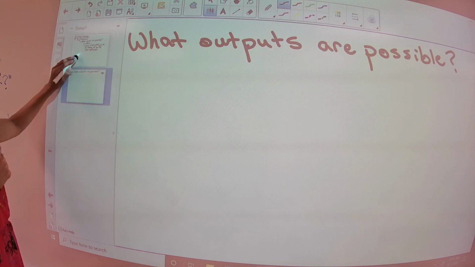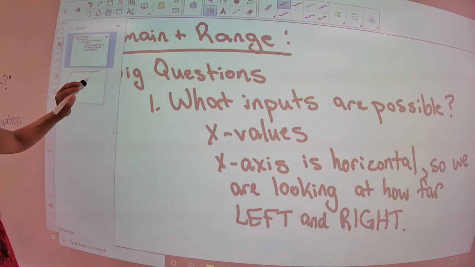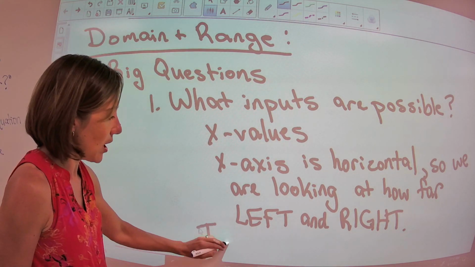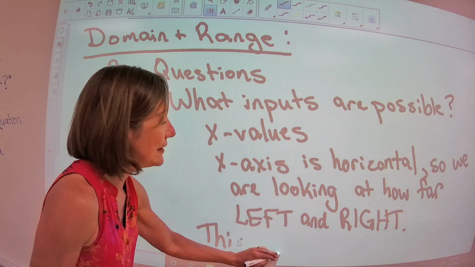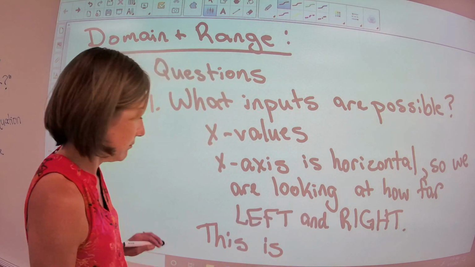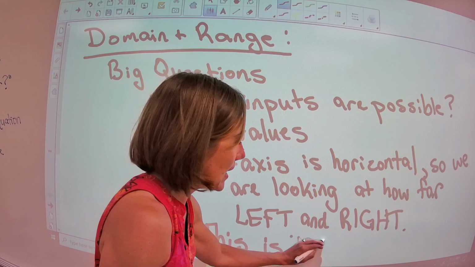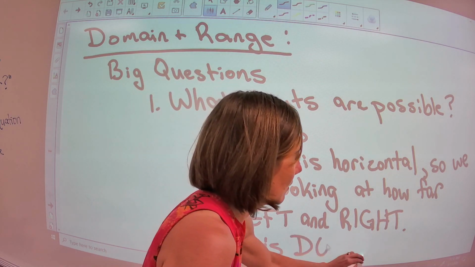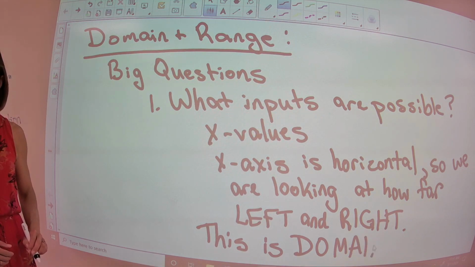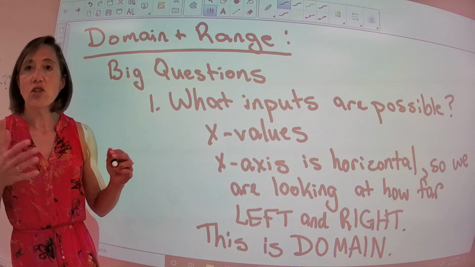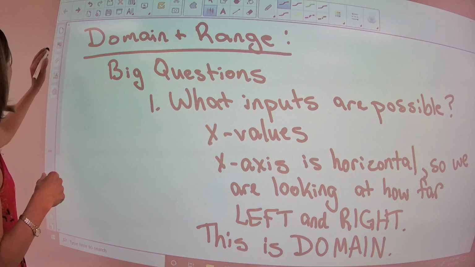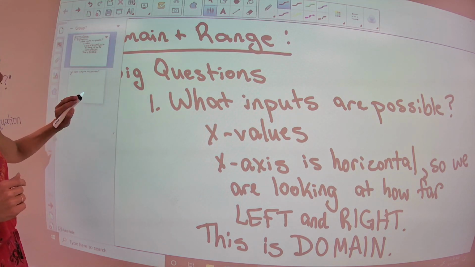Let me go back for a second. So this is range. I'm sorry. Oh, this is domain. Domain has to do with your x values, how far left and right. Now we'll go to our new page.